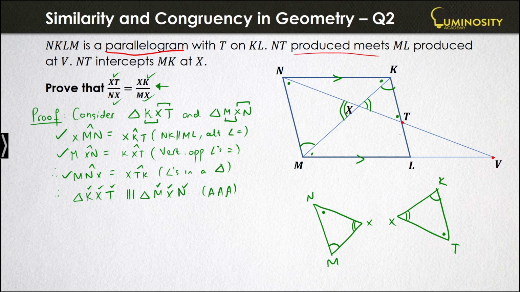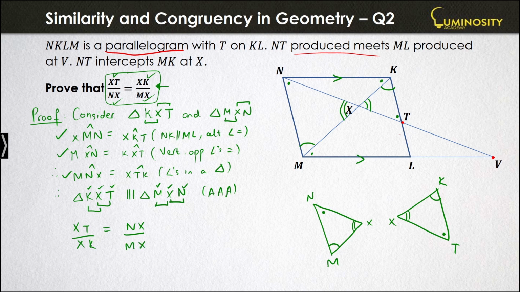Okay, so because they are similar triangles now, I can compare them. So to get this ratio coming out here, what I can do is I can say that in this first triangle, XT divided by XK. So if I do that, in that same proportion, I must have NX divided by MX.